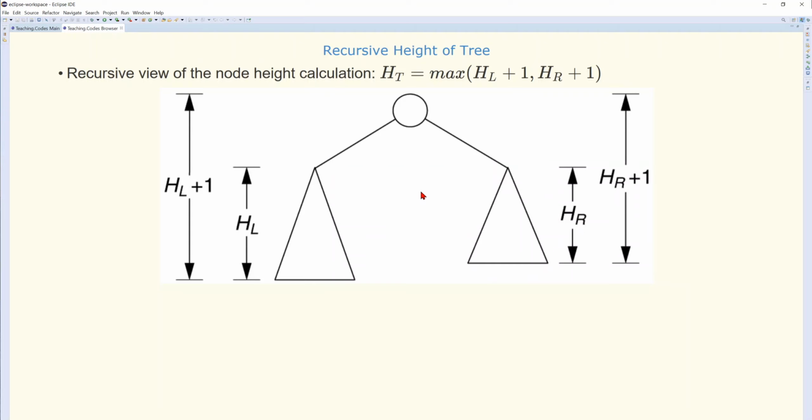Now the height of the whole tree, which is merging the left and right subtrees under the root, would be one level higher than this. Higher than what? Whichever one is greater, that value plus 1. Therefore, it would be the maximum of HL plus 1 and HR plus 1, whichever is larger. Or you can also look at it this way: the maximum of HL and HR, one of these, plus 1. Same thing.